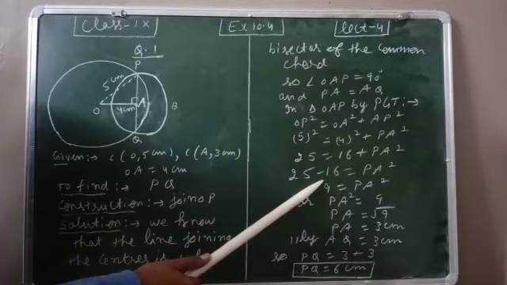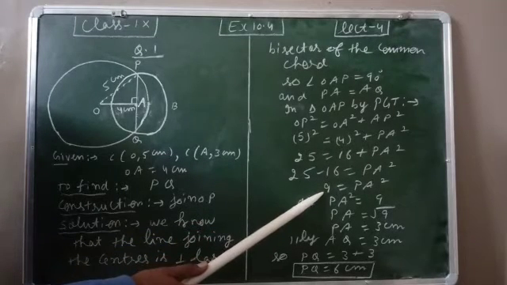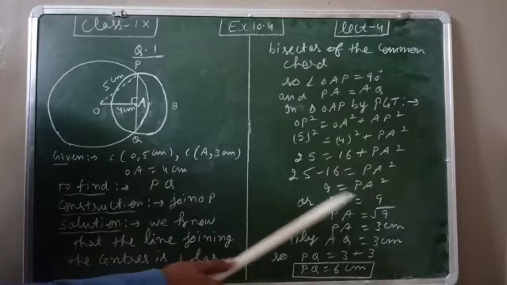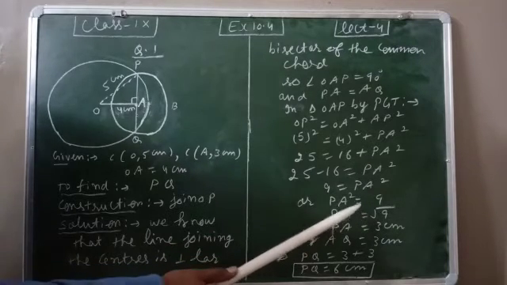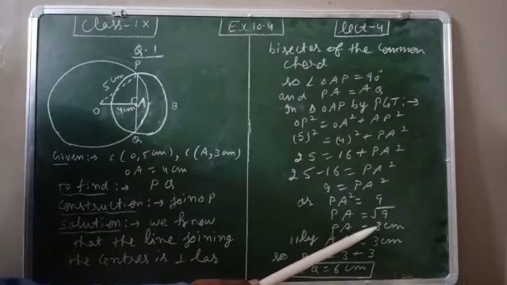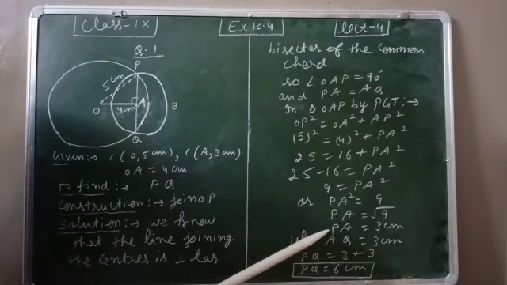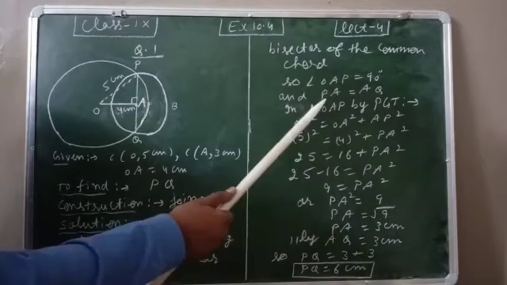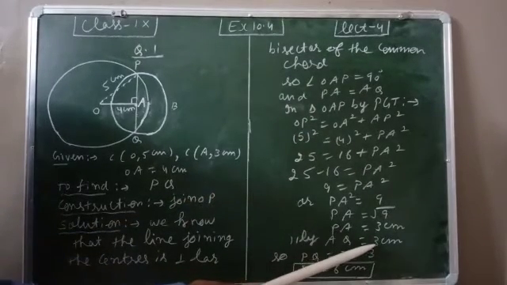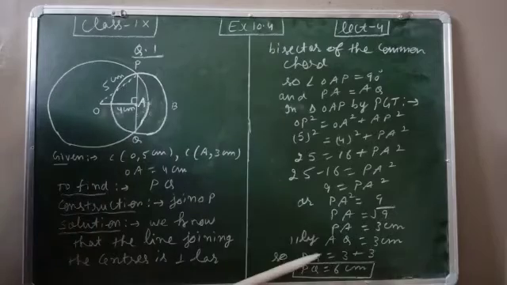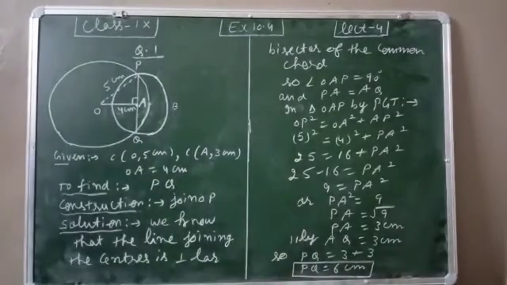Then 16 will become minus on this side, it will remain 9. So PA square equals 9. If we remove the square from here, we can apply the square root, and the square root of 9 is 3. So the value of PA is 3, but PA and AQ are equal, so AQ is also 3. So what is the length of PQ? This is 3 plus 3, 6 centimeters. So this is the answer.